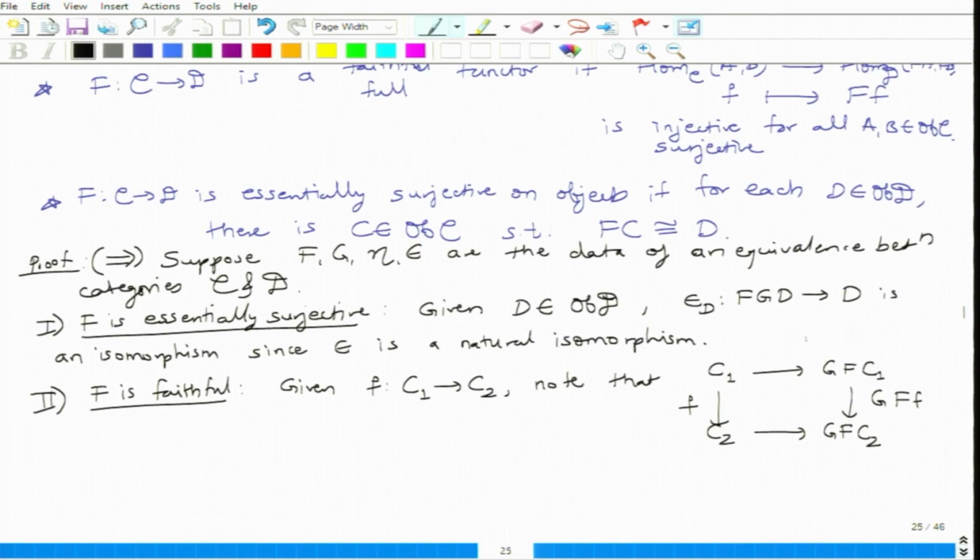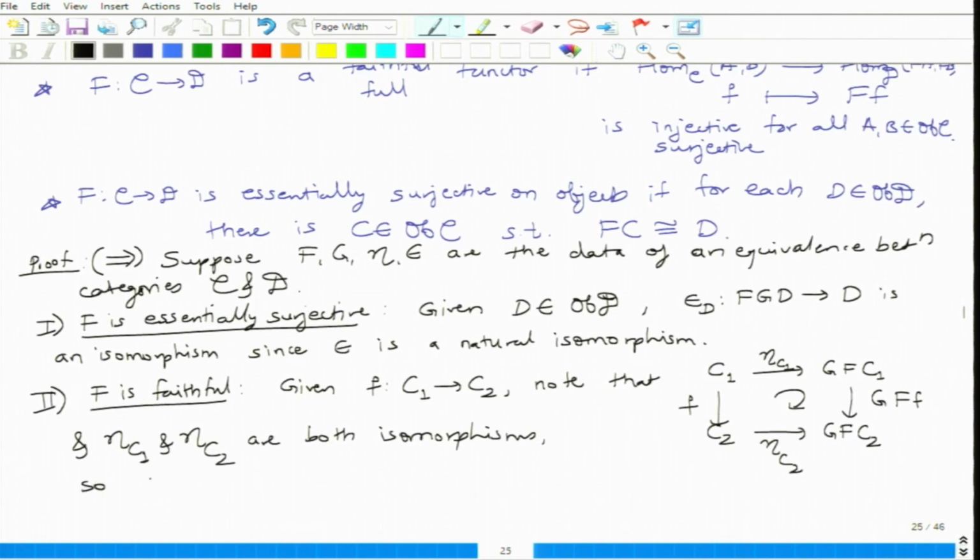That's eta sub C1, the C1th component of eta, and this is the map eta sub C2. Note that this commutes, which I am just going to write by drawing an arrow inside. This commutes, and eta sub C1 and eta sub C2 are both isomorphisms, by the same argument, because eta is a natural isomorphism.